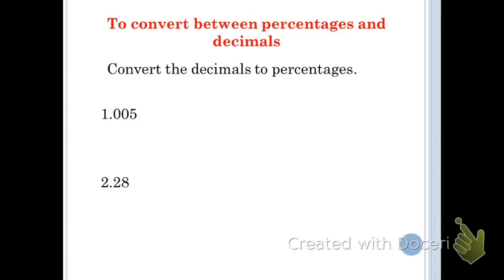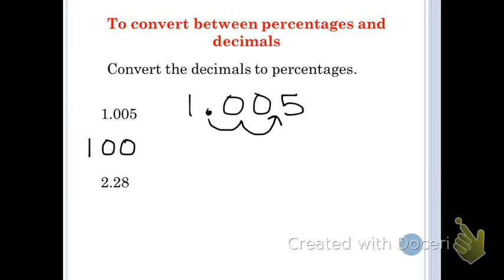Convert the decimals to percentages. 1.005. To go from a decimal to a percent, we move the decimal 2 to the right, 1, 2. That places it between the 0 and the 5. So we end up with 100.5%.